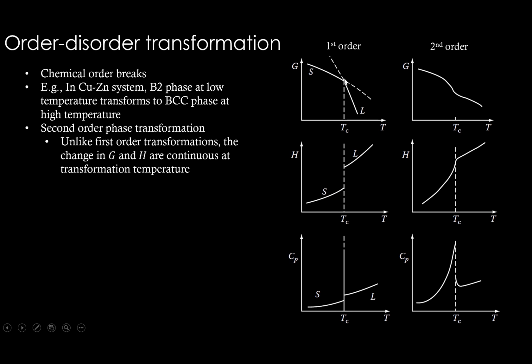So now if you see here, there is a sharp change in the Gibbs energy here. Similarly, if you see H, this is enthalpy of solid and this is enthalpy of liquid, and there is a distinct change in these enthalpy values right at the melting point or critical temperature here. So there is a significant change in H.